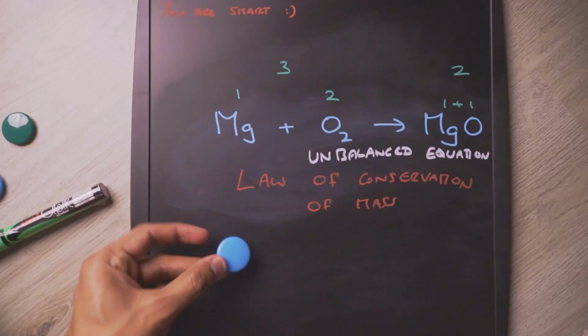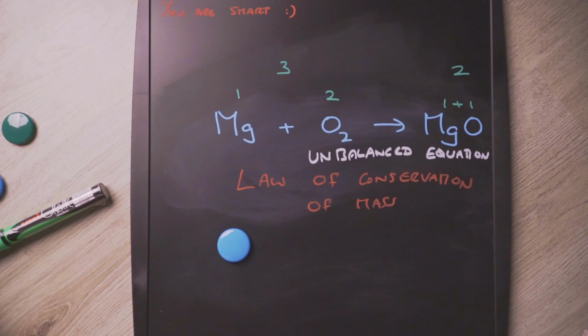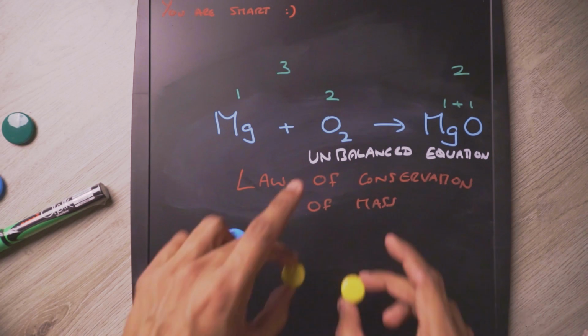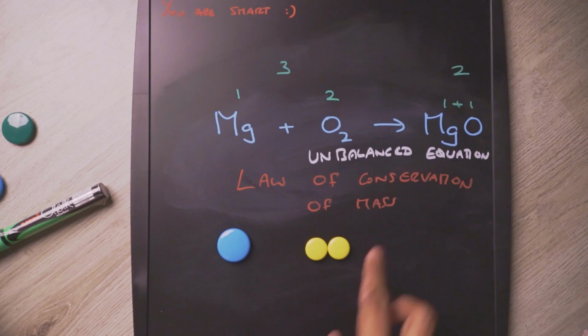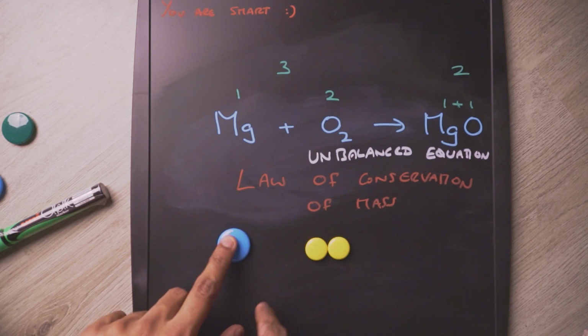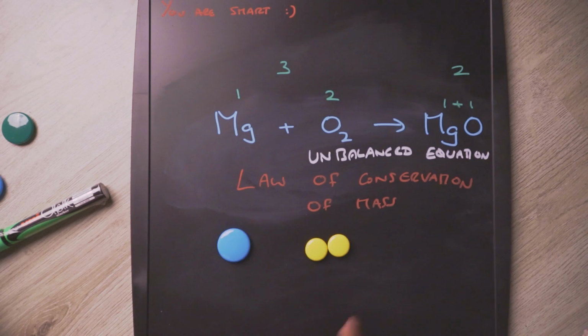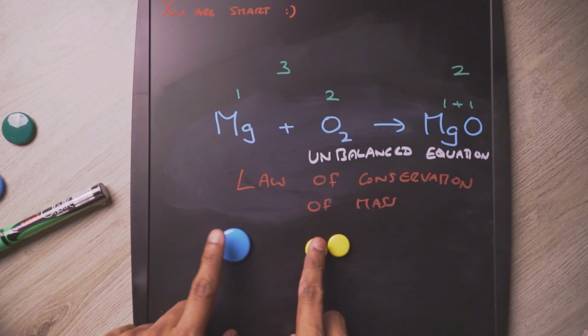Before we look at how to balance something, let us watch what this actually means to balance it. Let's assume that this blue magnet is your magnesium atom. Let's assume again, these two yellows are your oxygen atoms. So what we are saying is, this Mg plus O2 is reacting to produce MgO.